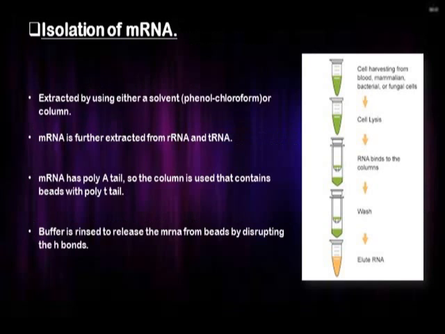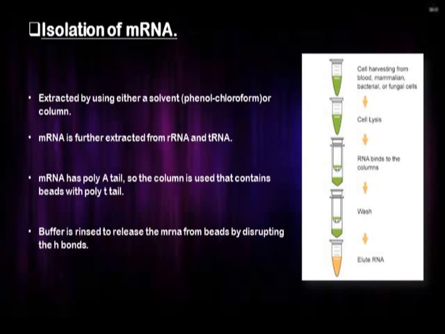After collecting the sample, we need to isolate the mRNA from it. How do we isolate the mRNA? It is extracted either by using a solvent method or column chromatography. The solvent method is a simple method where you use phenol chloroform, ethanol, or other solvents, in which the sample is put for a certain amount of days, and we can extract the mRNA.